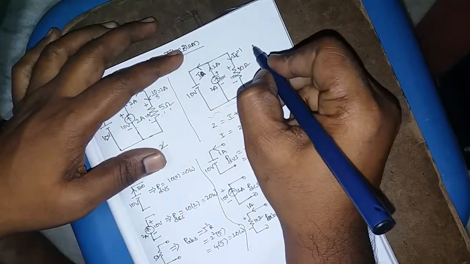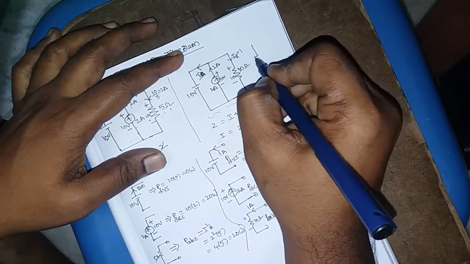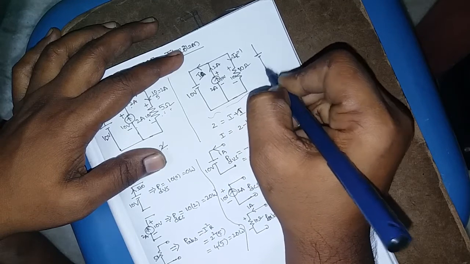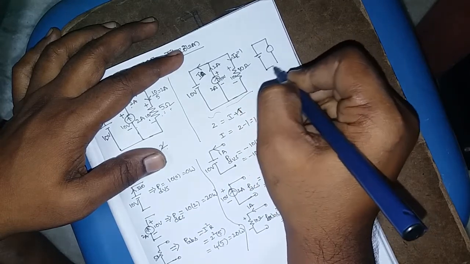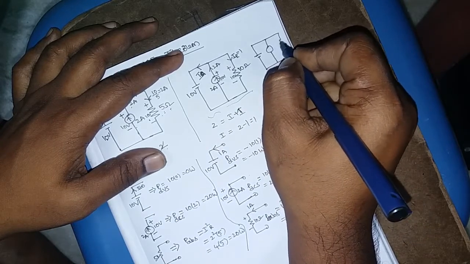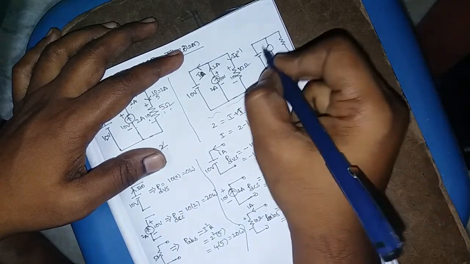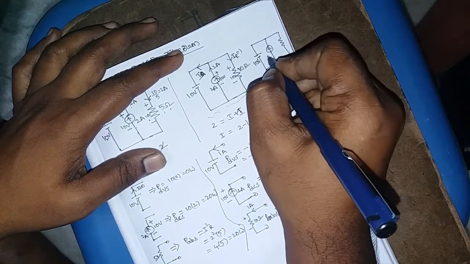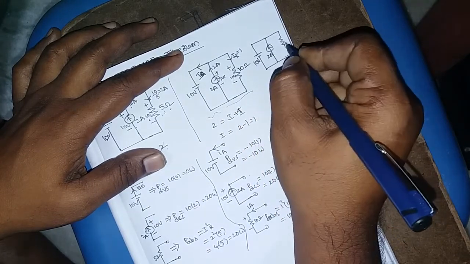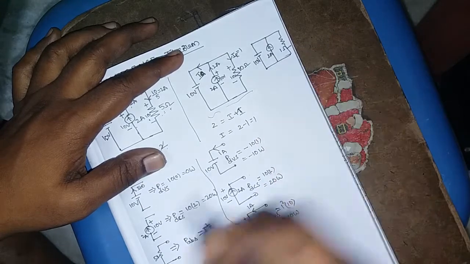In this network, again the value of resistance is changed. This is 10 volts as it is, current source as it is 2 amps, but the value of resistance is 1 ohm.